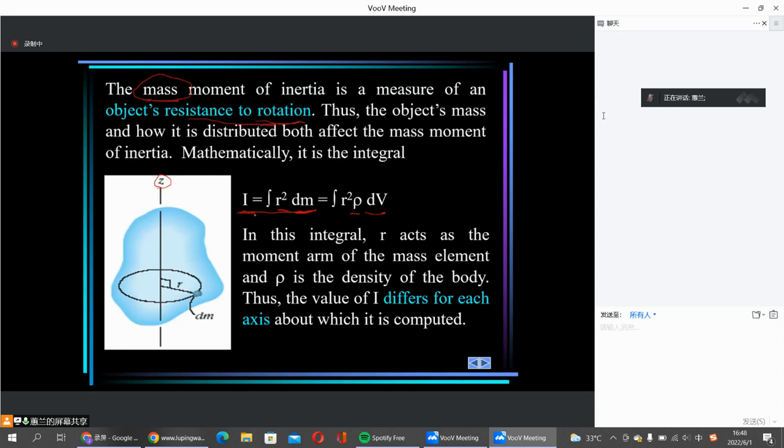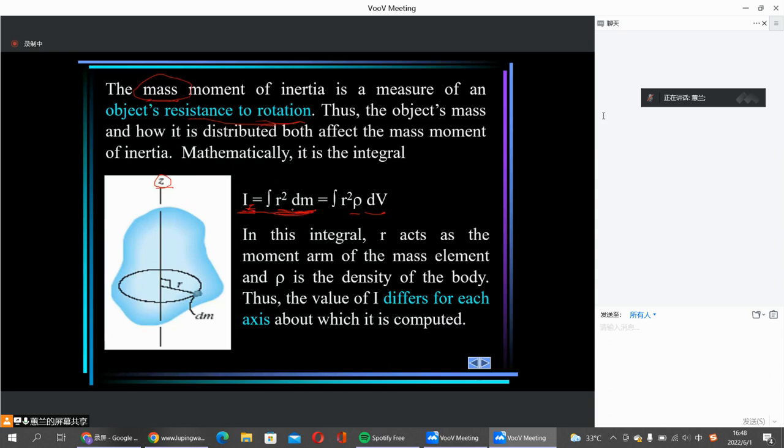So when we talk about the mass moment of inertia, it's very important that you use a subscript to indicate which axis you are talking about. This is the definition, okay?